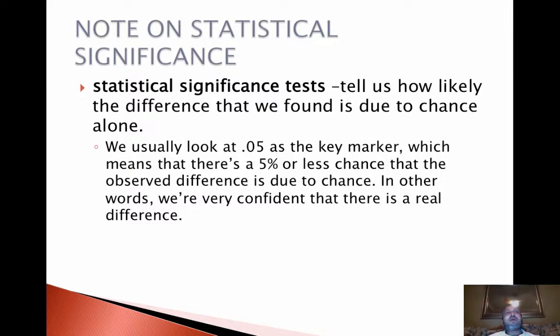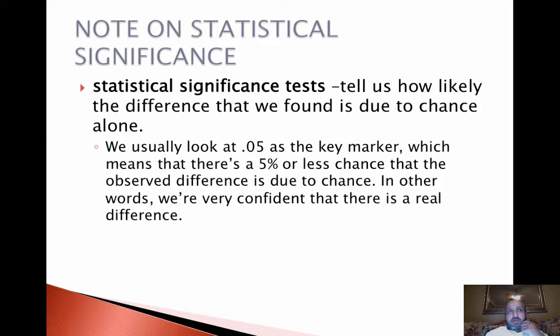Okay, 0.01 is less than 0.05. 0.05 or less, thumbs up. There's a difference. That means, in this example, there's only a 1% chance that the differences that we observed were due to chance. But there's a 99% chance that the differences are real.